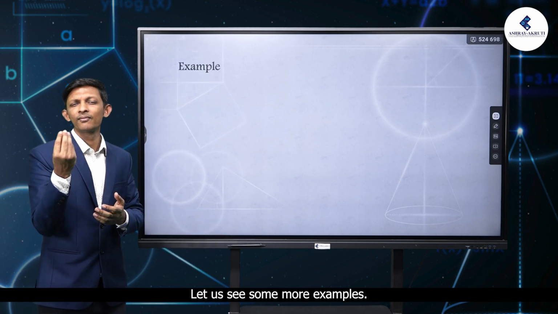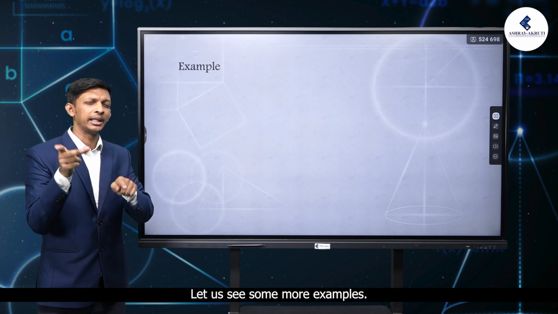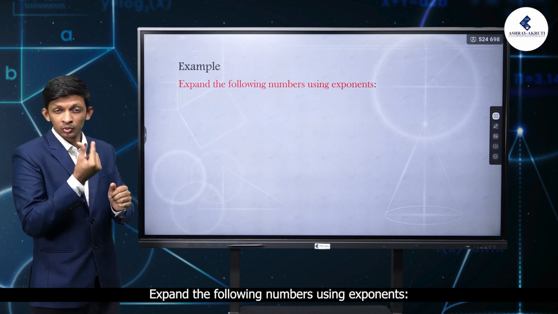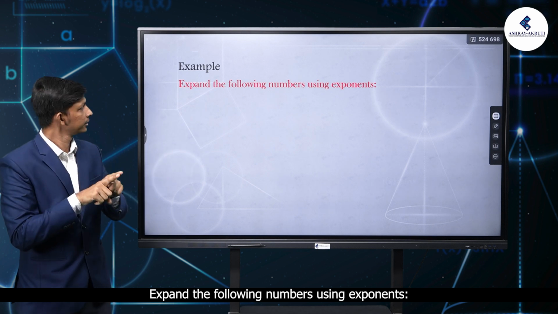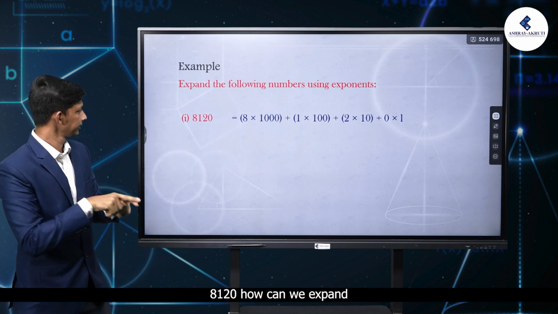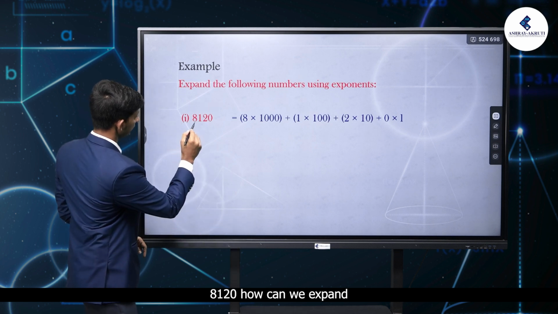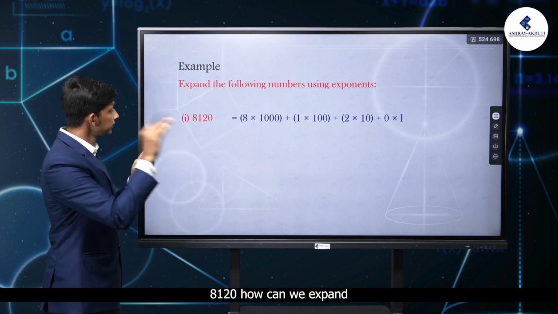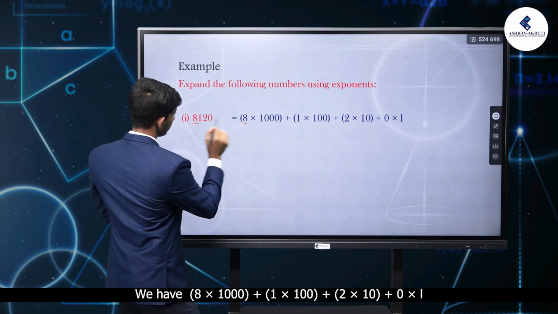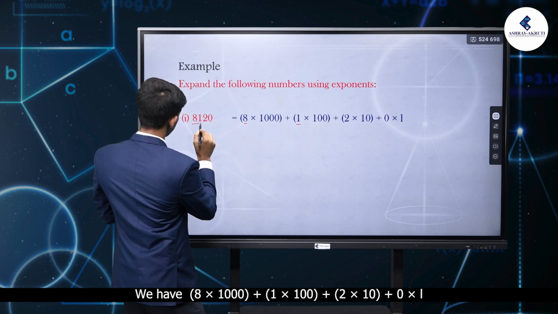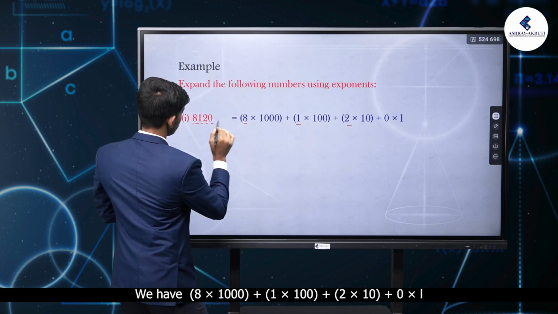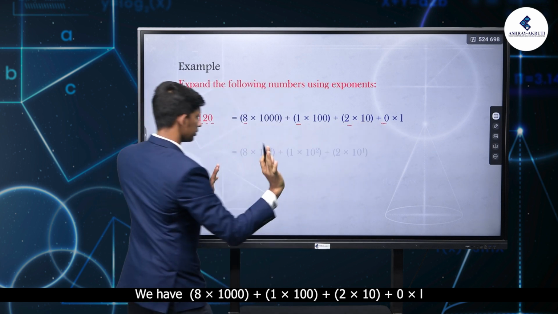Let us see some more examples. Expand the following numbers using exponents. First one, 8120. How can we expand? From the thousandth term, we have 8 into 1000 plus 1 into 100 plus 2 into 10 plus 0 into 1.